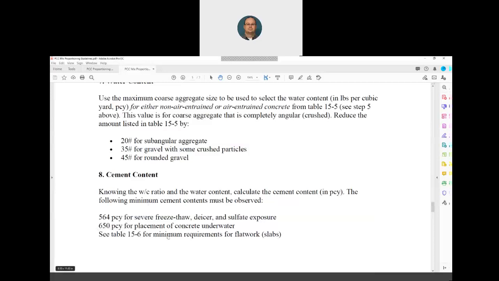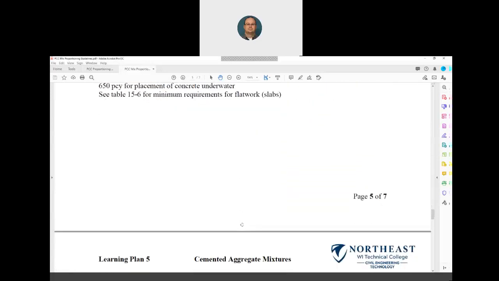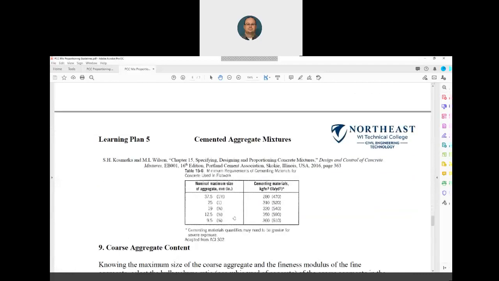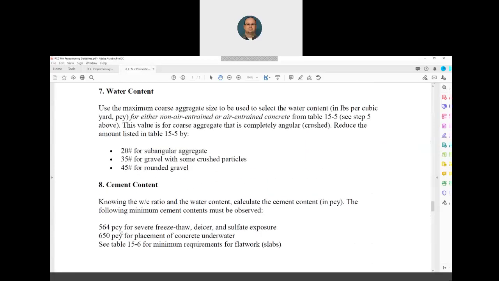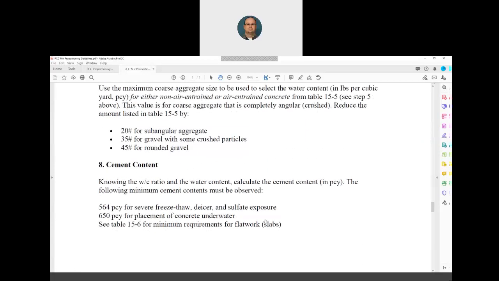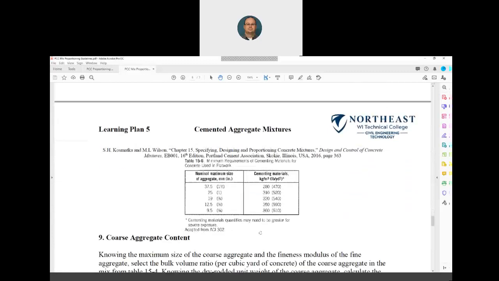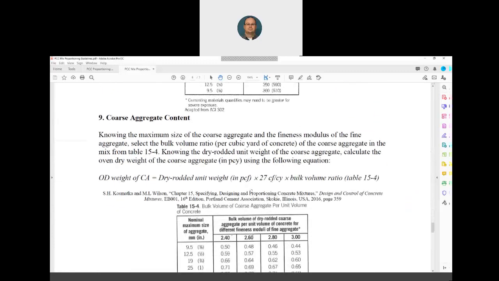And then for flat work slabs, use Table 15-6, which is right here. This is based on maximum coarse aggregate size. So that's how I know how much cement I'm going to add per cubic yard. All right, hopefully this will make sense when we do an example. So just going to take a little short break here.